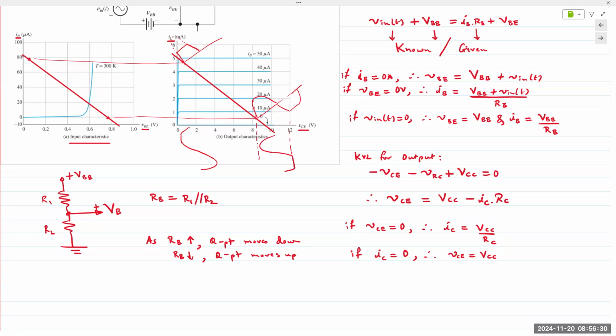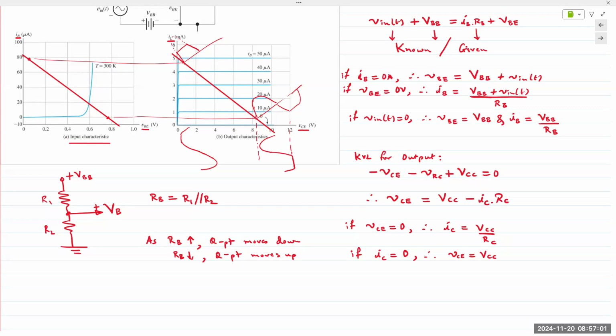What happens is, because of the biasing, the Q point is shifting, forcing the transistor either into saturation or into cutoff. Even though the DC Q point is in the active region, because it's at the extreme, or just closer to cutoff or saturation, when you apply the AC input, your output forces the BJT into cutoff or into saturation.